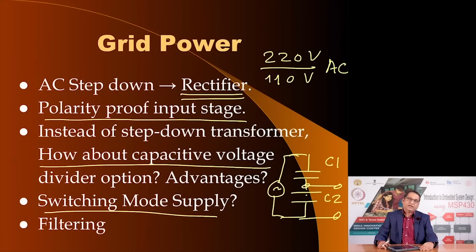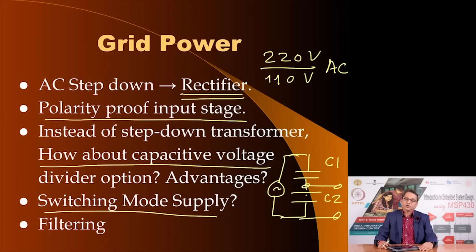The typical power line frequency is 50 or 60 hertz, which increases the size of the transformer, but the relationship between the size of the transformer and the frequency is inverse proportionality, and so if you increase the frequency, it reduces the size. So, switching mode power supplies use about 100 kilohertz or a few hundred kilohertz of switching frequency, which leads to a very small tiny transformer.